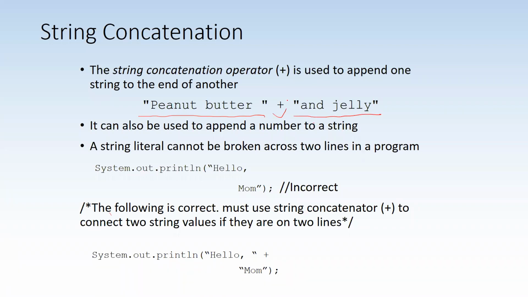And you use this string concatenator to combine them. So now this will be peanut butter and jelly. It will be one string combination, basically. Pay attention to this. This would be wrong. When you say hello, comma, and go to the next line and finish the string, this is wrong.